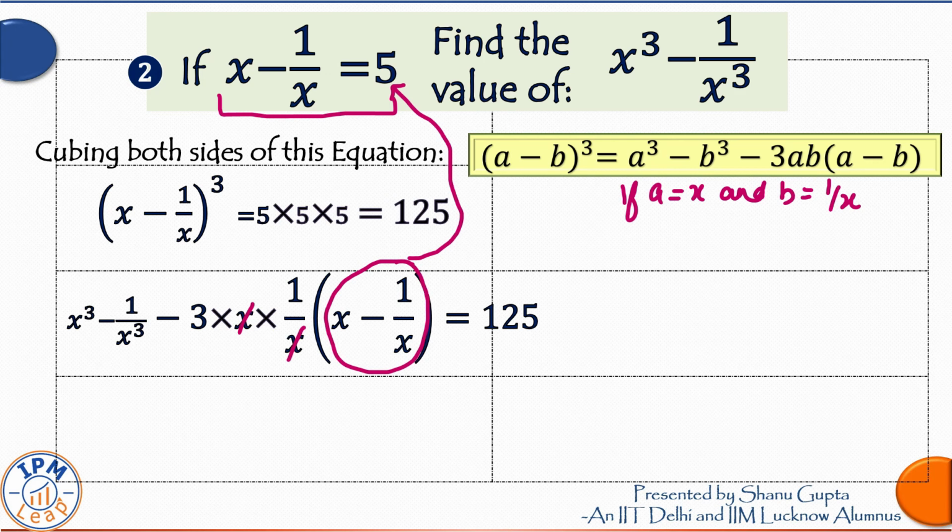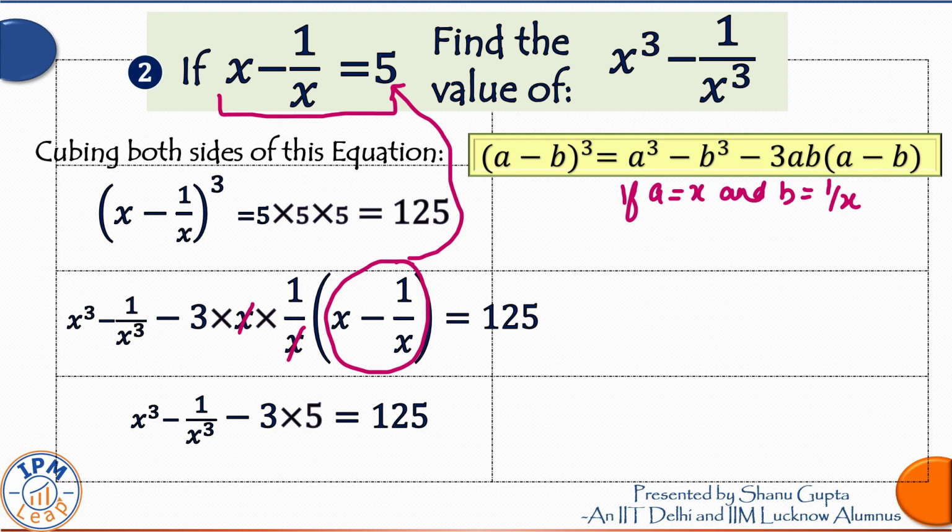And additionally, we can locate this expression in our original question, right? x minus 1 by x is given to be equal to 5. So we use that value here, and that's it. The remaining terms are x cube and 1 by x cube, for which we have to calculate the value.